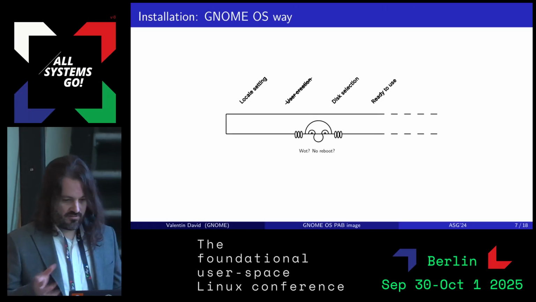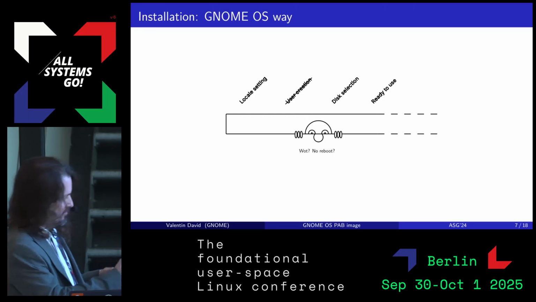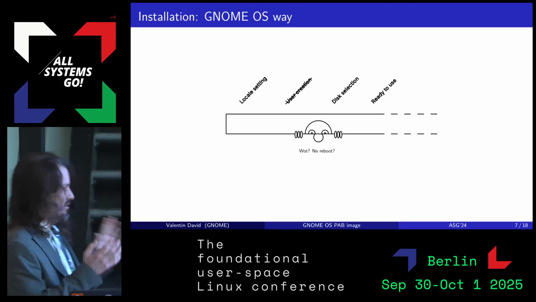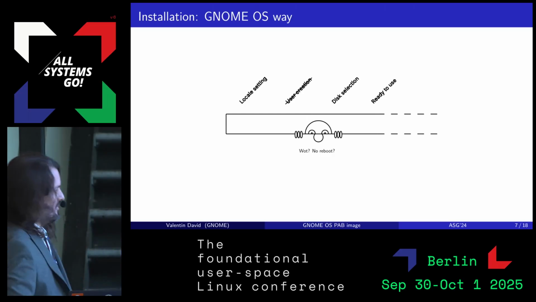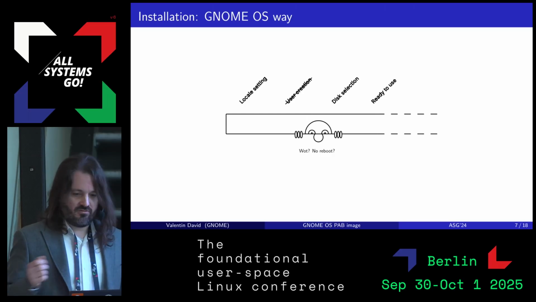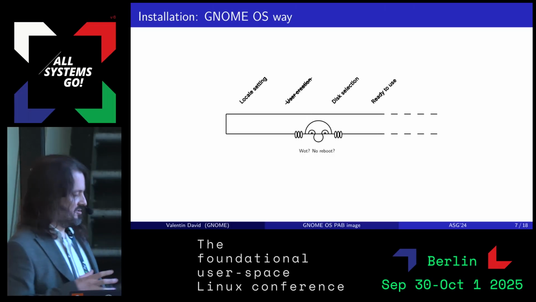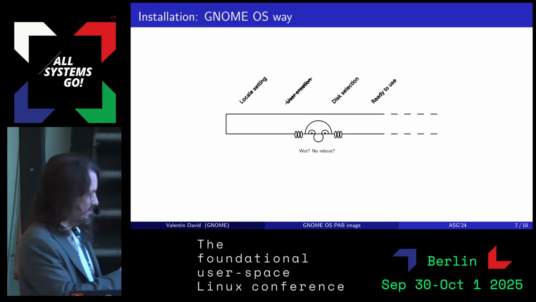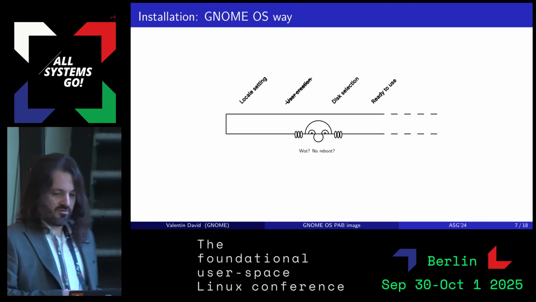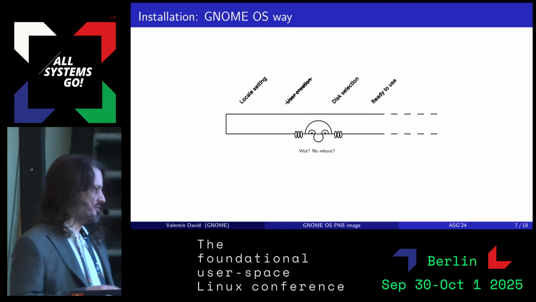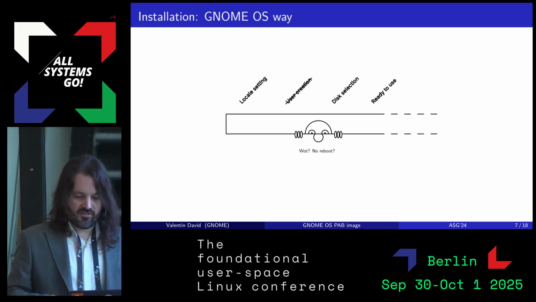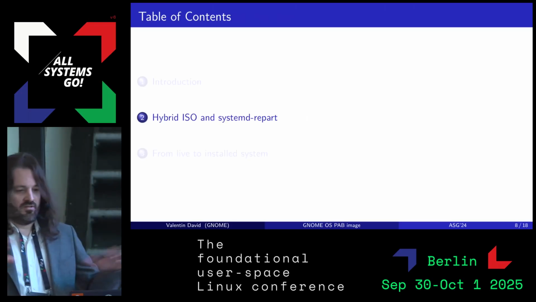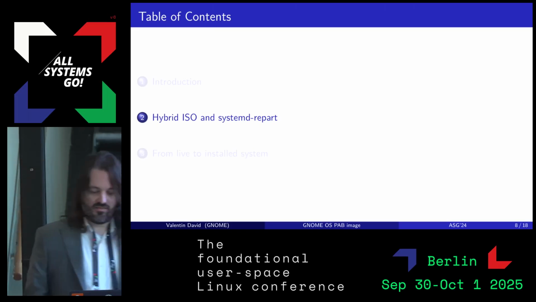Because we have to do Initial Setup, I was thinking, let's do Initial Setup on the live image, then we select the disk, and we just shift into the disk and continue to run from the disk at this point without rebooting. And it was actually very simple to do that. So I will come to that. But first, the whole story about making the live image.